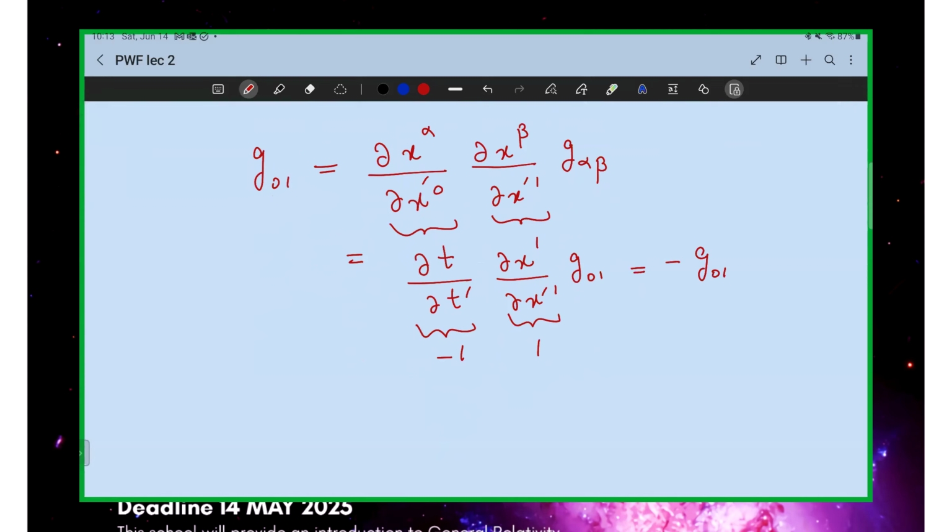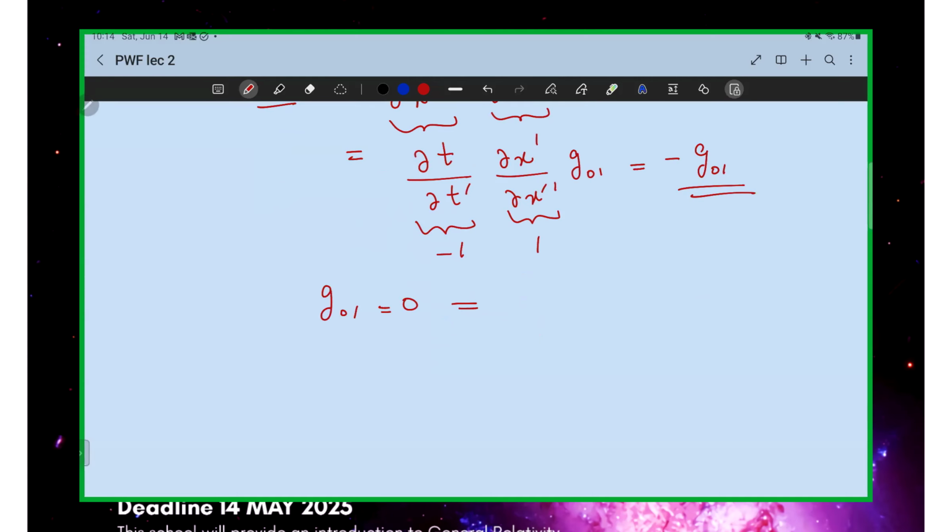Any component of the matrix should not change under time reversal, because the metric tensor is independent of time. So if the metric tensor is coming out to be negative of itself when we expected it to not change, that can only happen if this metric tensor component is 0, right? Which means that G01 should be 0.